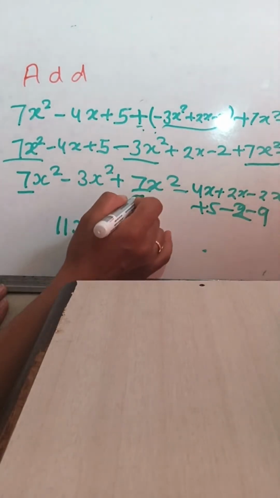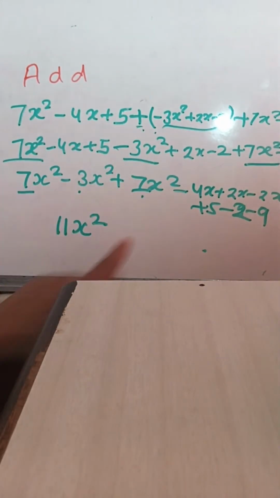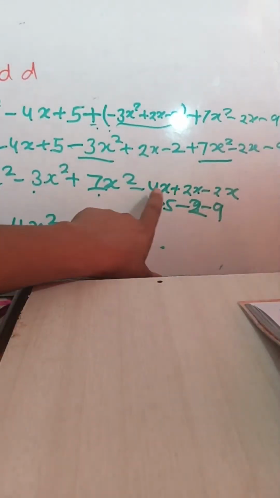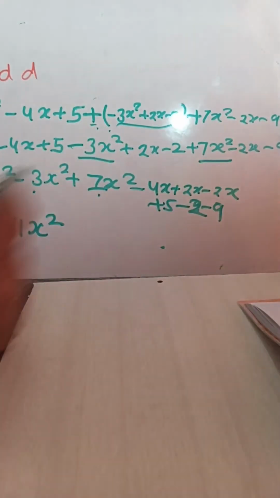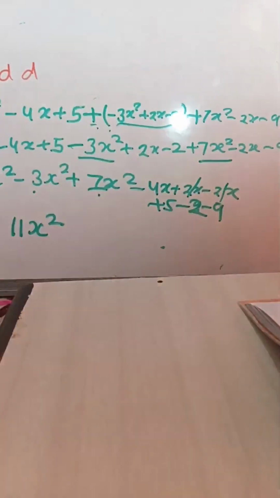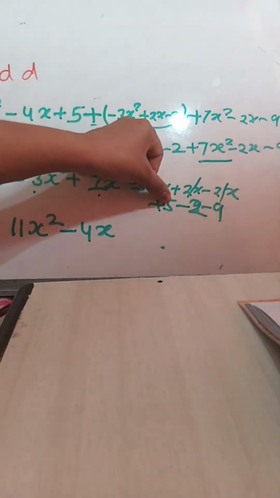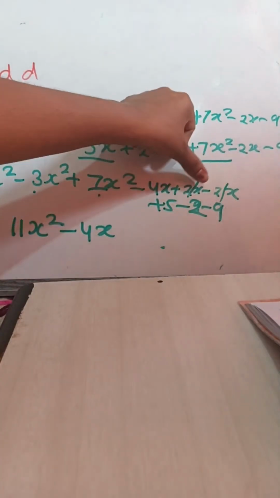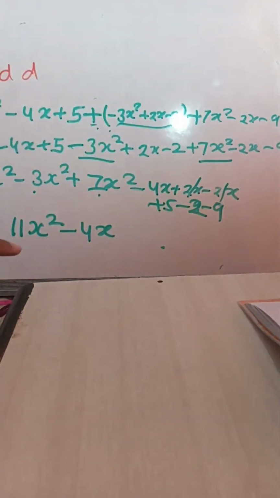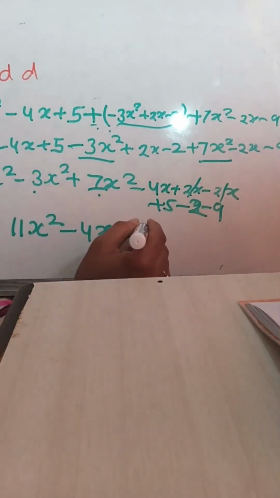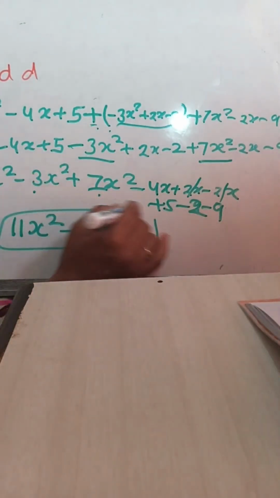Next, minus 4x plus 2x minus 2x. Plus 2x minus 2x cancel out to 0. What do we have remaining? Minus 4x. Okay. Plus 5 minus 9 minus 2. Minus 9 minus 2 is minus 11. Minus 11 plus 5 is minus 6. This is our other answer.